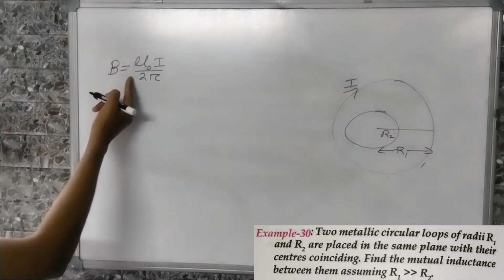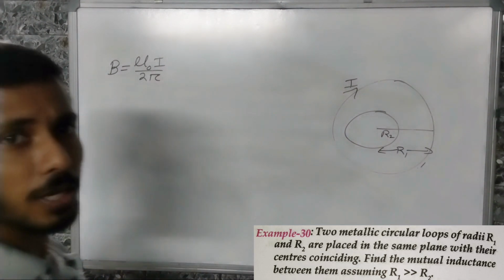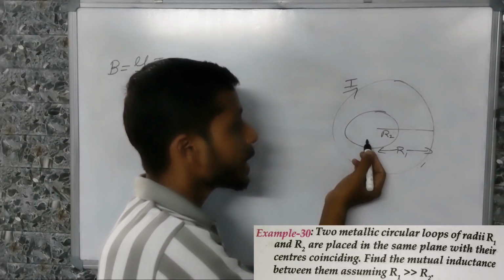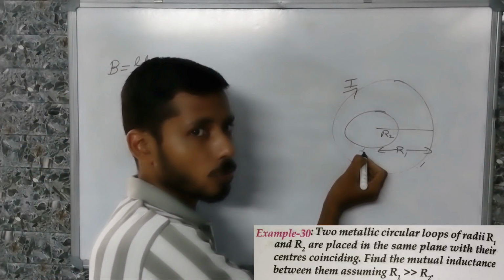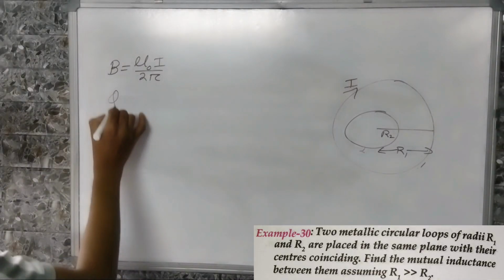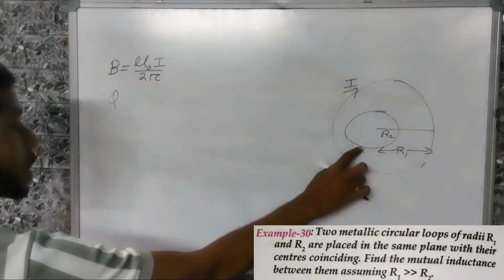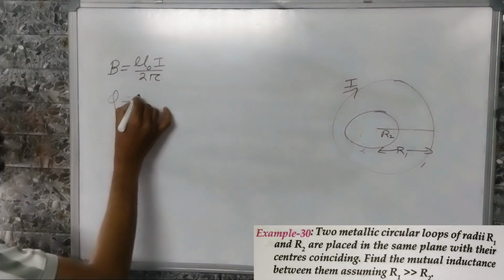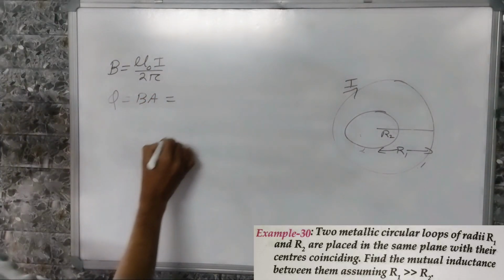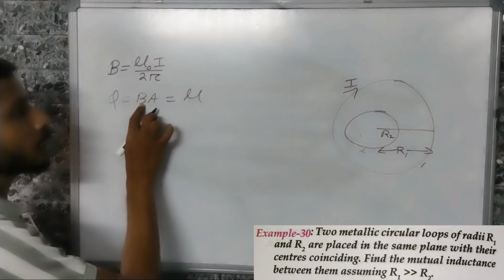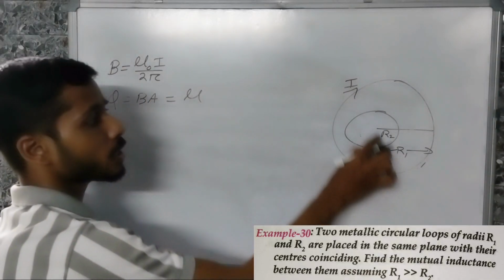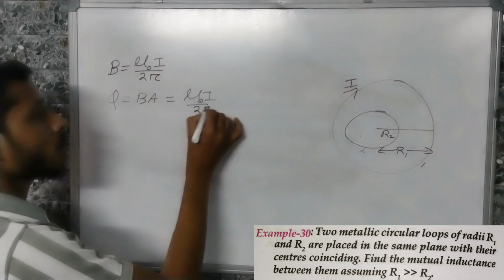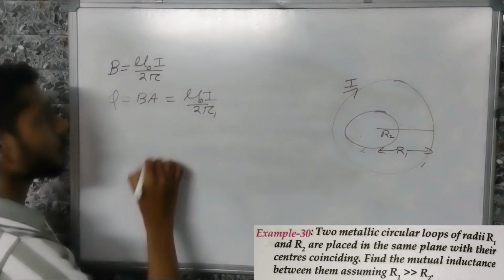Again, this magnetic field is the cause of magnetic flux linkage in the coil 2. So, flux in secondary coil, in coil 2, in inner coil is given by phi is equal to BA. B is the magnetic field produced by the coil 1. So, B is mu naught I by 2 R1.